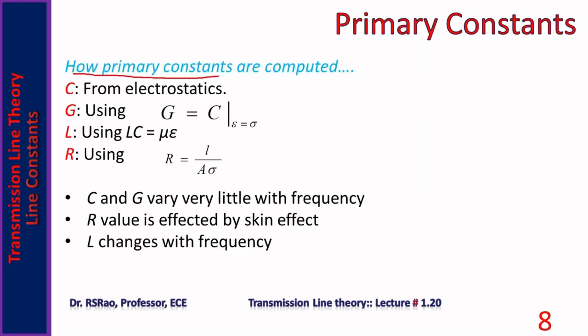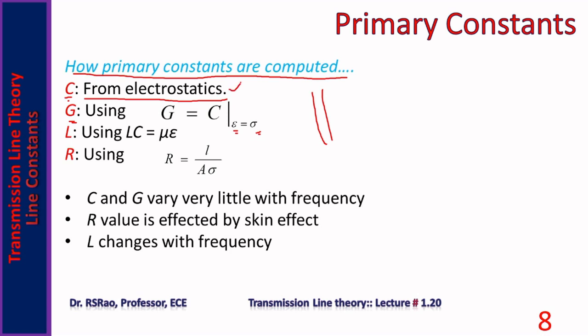How are the primary constants of the line computed in general? This is the procedure. C is obtained from electrostatics. For example, for a coaxial line, what is the capacitance? For a parallel wire line, what is the capacitance? Using the principles learned in electrostatics, one can compute C. Next, G is obtained by replacing epsilon by sigma in the expression of C. So C is available.